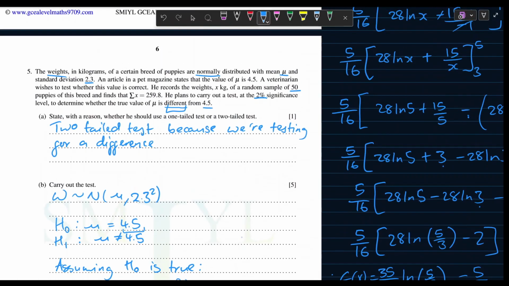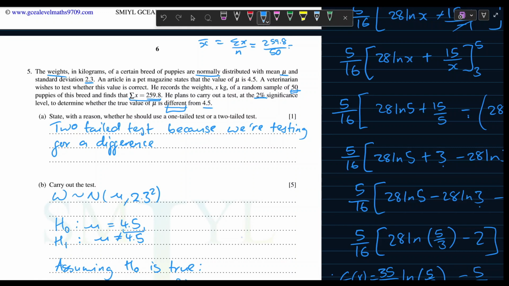So our vet here is testing whether this value is correct, and he gets a random sample of 50 and finds that the summation of x is 259.8. So the mean from that sample, x bar, is the summation of x over n, right? So that's going to be 259.8 divided by n, being the sample size 50.